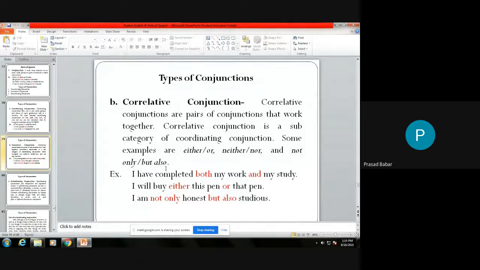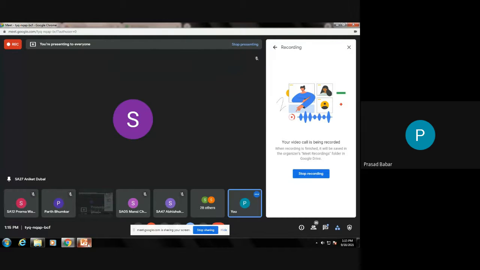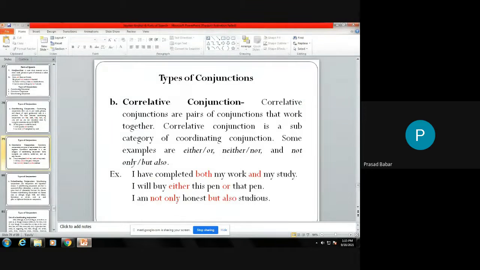Correlative conjunctions are pairs of conjunctions that work together. They come in pairs, in connection, which is why they are called correlative. A correlative conjunction is a subcategory of coordinating conjunction. Some examples are either or, neither nor, not only but also, if else, hardly had, scarcely had. These are what we call correlative conjunctions.